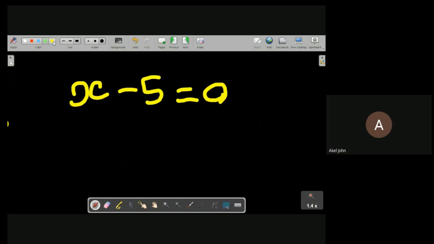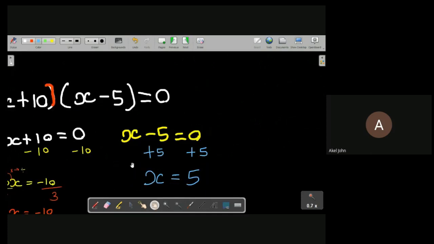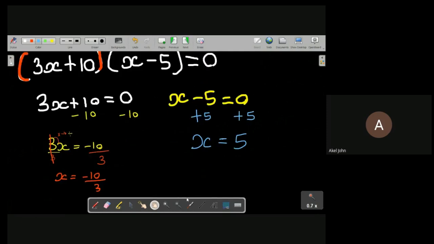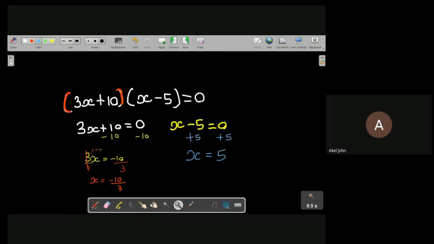Since this is negative 5, I'm going to have to add 5 on both sides. Negative 5 plus 5 is 0, so I just bring back the x, and 0 plus 5 is 5. Therefore, my two solutions for this quadratic would be x is equal to negative 10 over 3, and x is equal to positive 5.